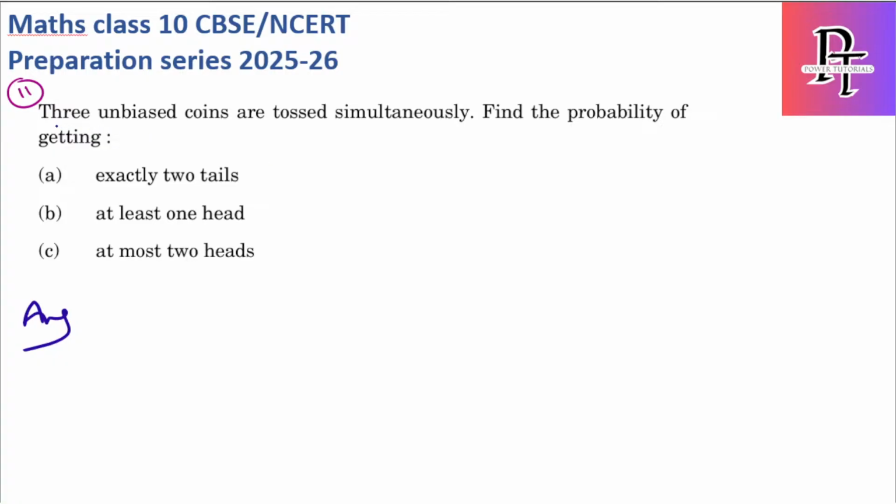But before that, 3 unbiased coins. So let's get all the cases for unbiased coins, which are TTT, which means all tails. Okay, here it is all tails.